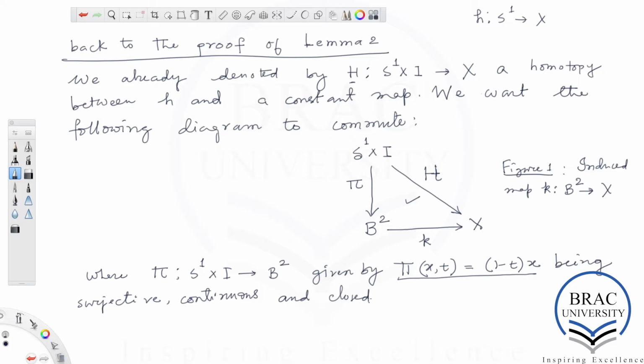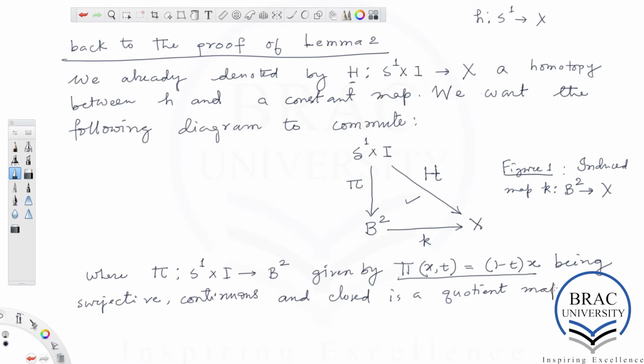So you have to verify that these things are true: that pi defined this way is surjective, continuous, and closed, and hence it's a quotient map. We have seen earlier that if a map is surjective, continuous, and either open or closed, then it's a quotient map, right? So this map, being surjective, continuous, and closed, is a quotient map.